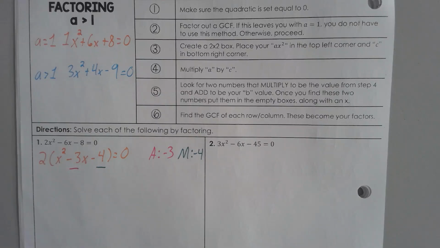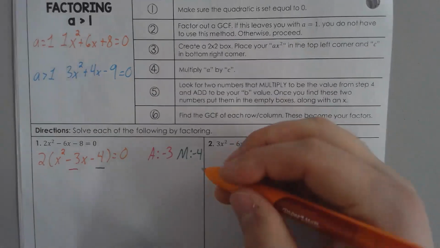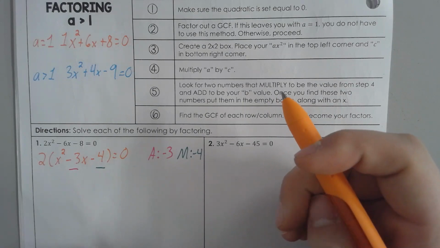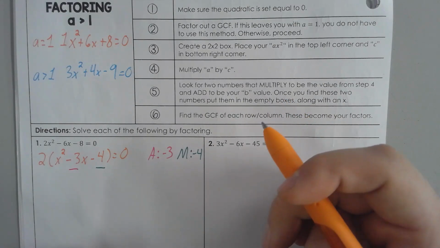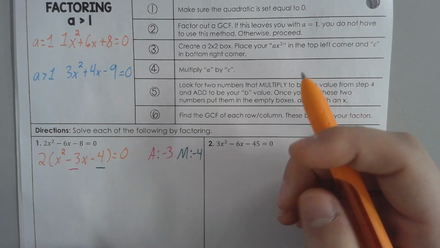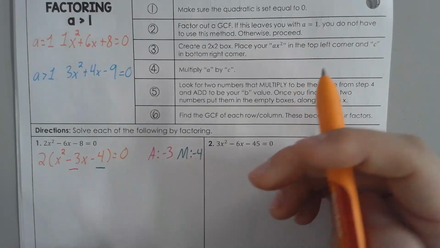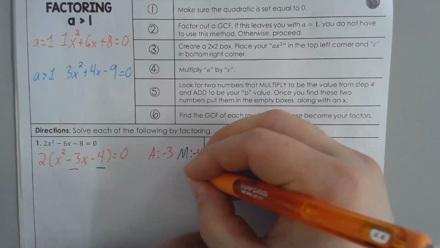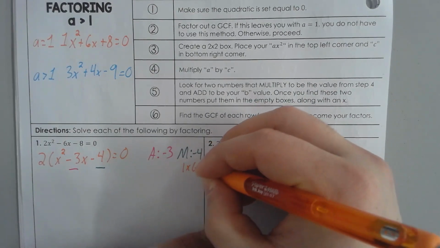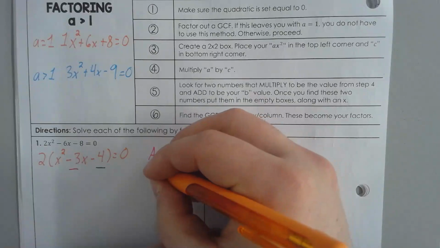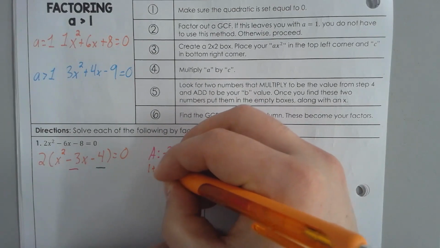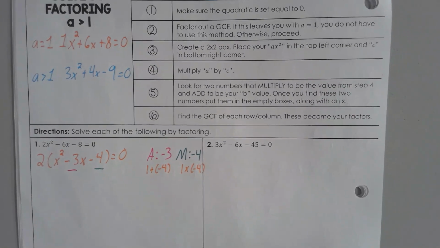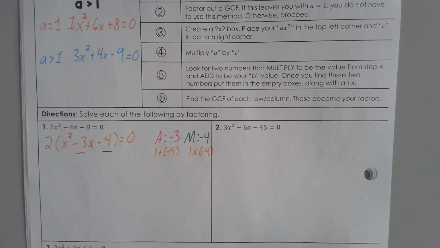Yep, 1 and, 1 times what is negative 4? Negative 4. So 1 times negative 4 is negative 4, and 1 plus negative 4 is negative 3. So that's going to be our two factors.